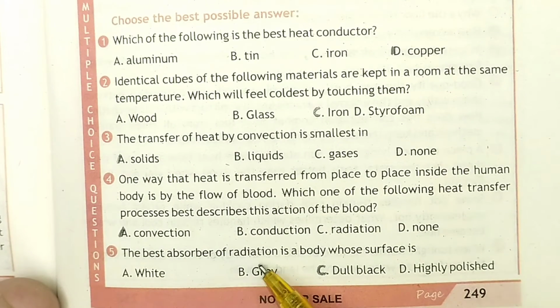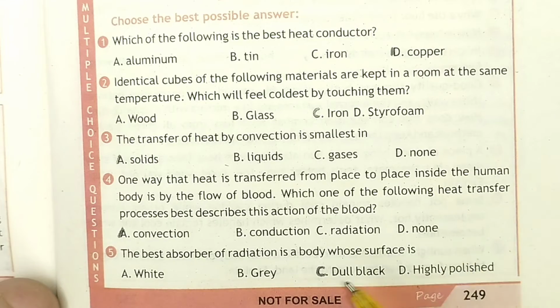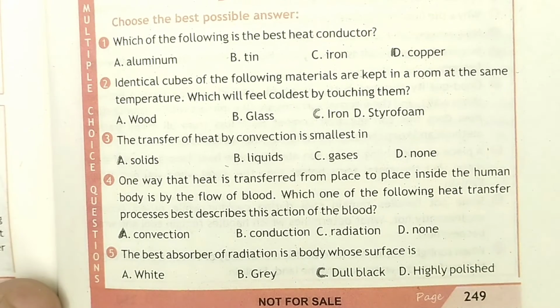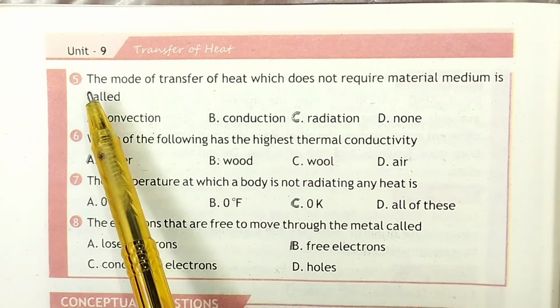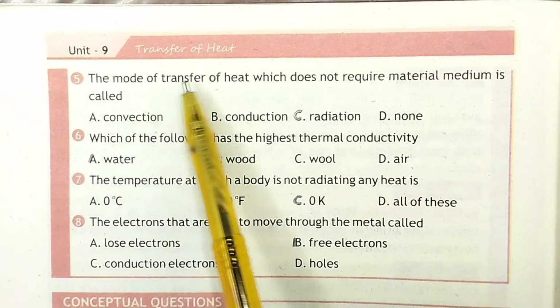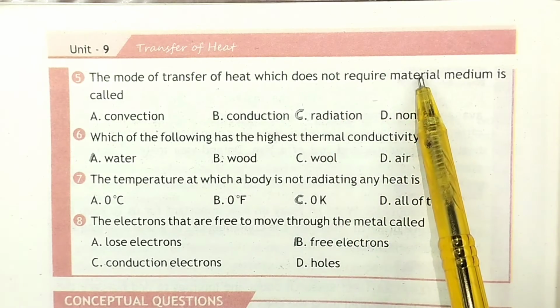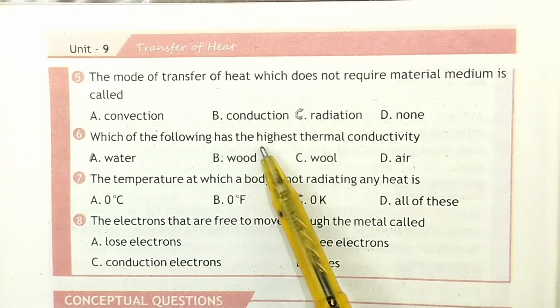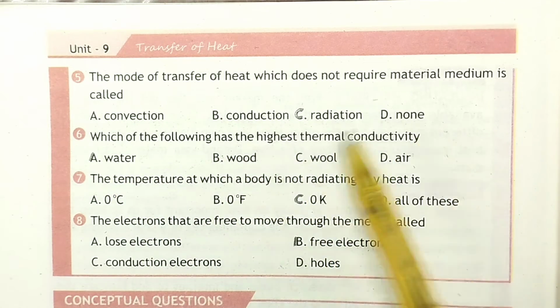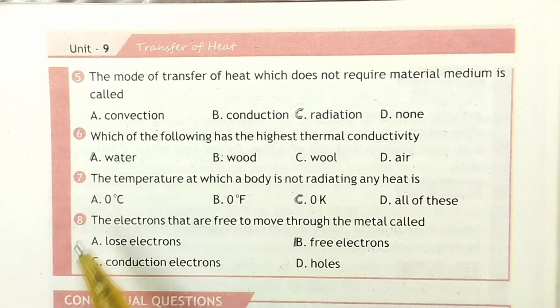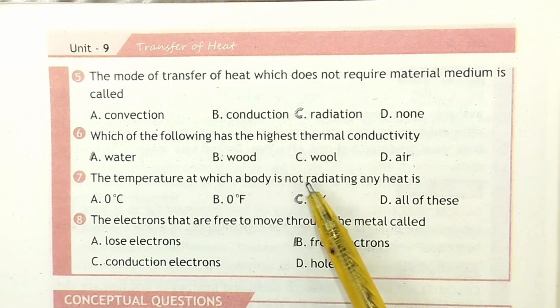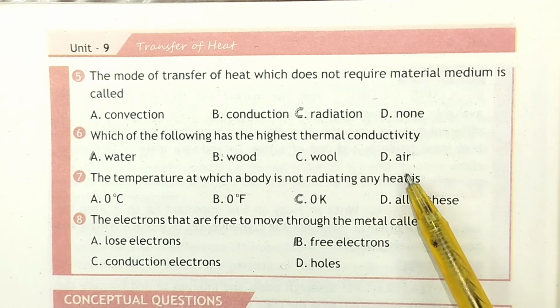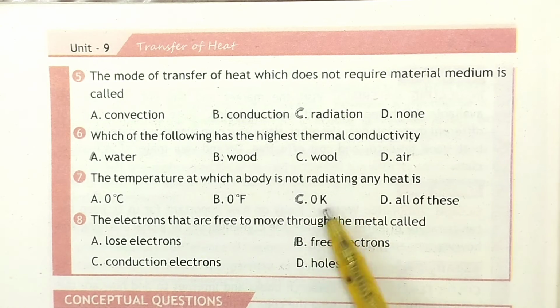The best absorber of radiation is a body whose surface is dull black. Question 5 of unit 9: the mode of transfer of heat which does not require material medium is called radiation, option C. Which of the following has the highest thermal conductivity? Water has highest thermal conductivity. The temperature at which a body is not radiating any heat is 0 Kelvin. The electrons that are free to move through the metal are called free electrons.